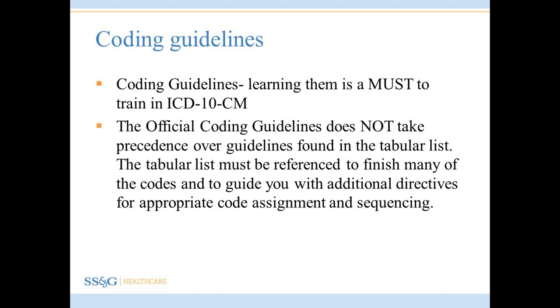So it really does depend on what's in that physician's documentation. We can't assume we know what they mean if they don't tell us on paper. That would be a good example of an unspecified code.